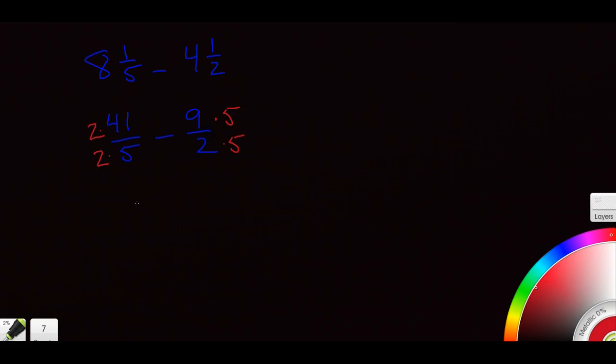So we do our multiplication, and we get 82 tenths minus 45 tenths. Now we have a common denominator. 82 minus 45 is 37. And there's your answer, 37 tenths, or 3 7/10 if you wanted to change it to a mixed number.